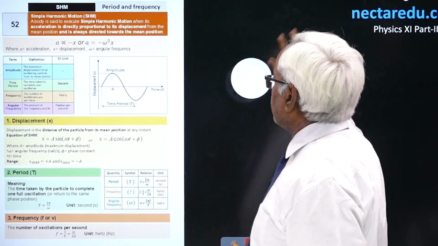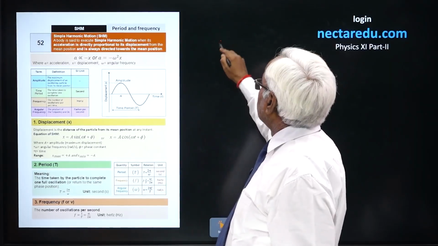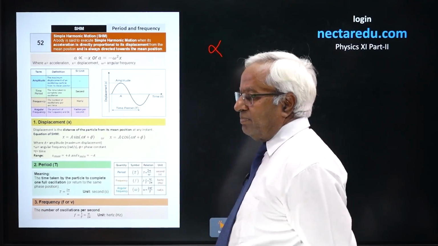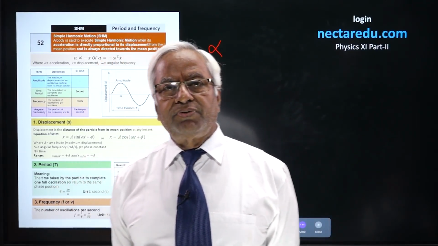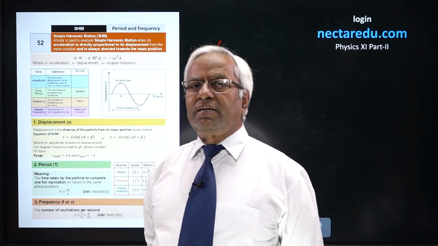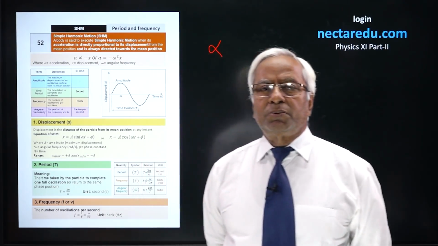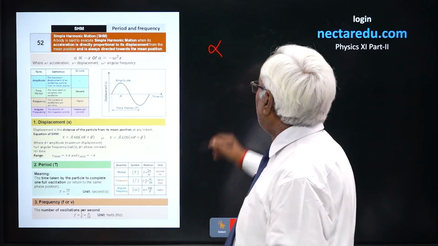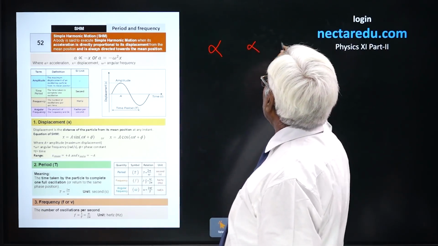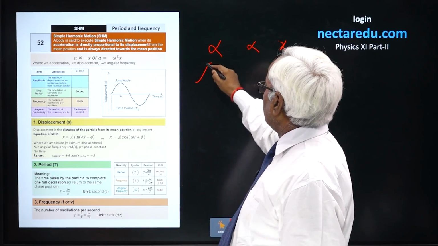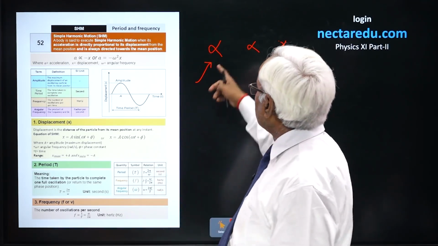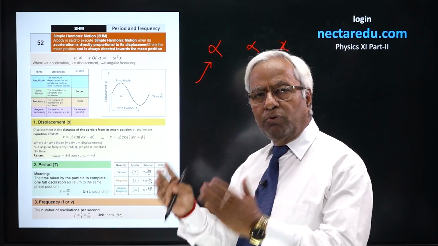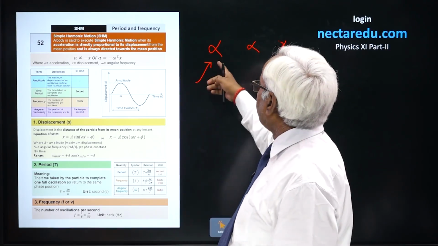Now, how to represent? SHM, simple harmonic motion, the simplest type, could be defined as the motion in which the acceleration is directly proportional to the displacement. Alpha proportional to x. You see, normally alpha represents angular acceleration, but here we are using this term for both angular and linear acceleration, alpha.